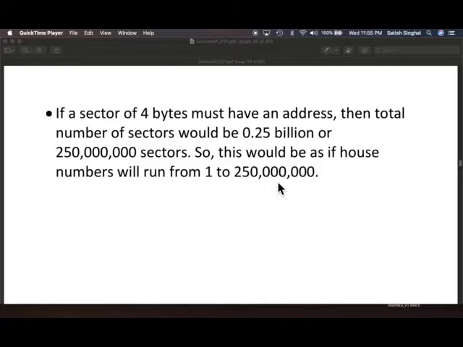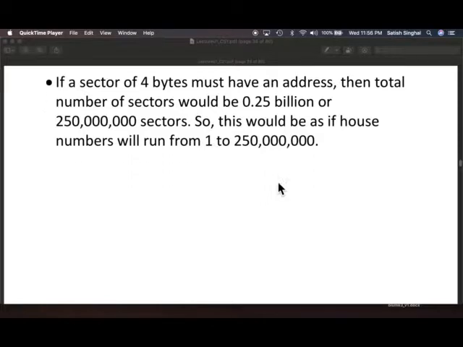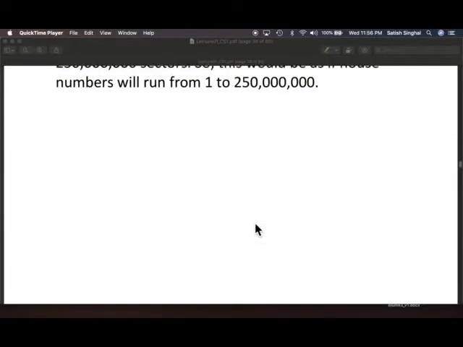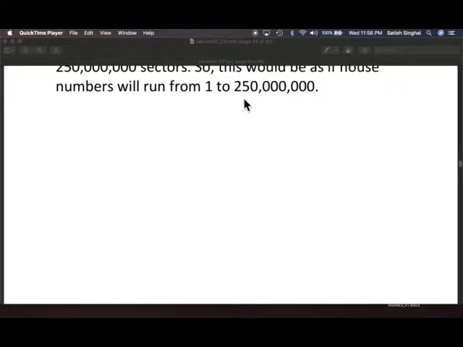Okay? So let's say I want to represent these sectors in the binary system. I'm going to ask a question. What is 250 million in binary? It's actually this huge string. 250 million in decimal is 9 digits.